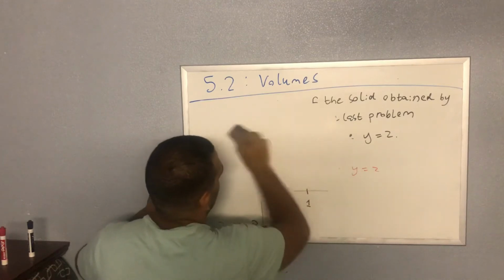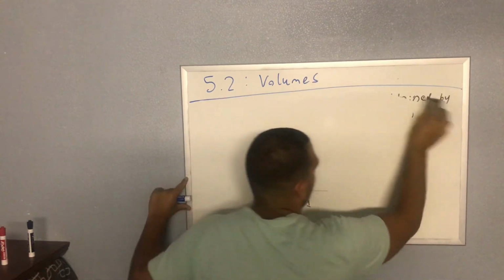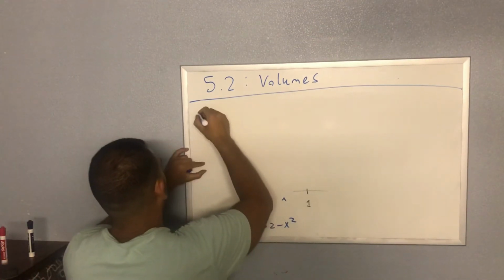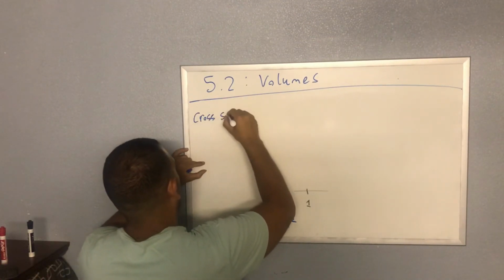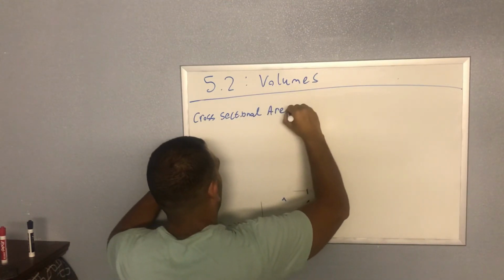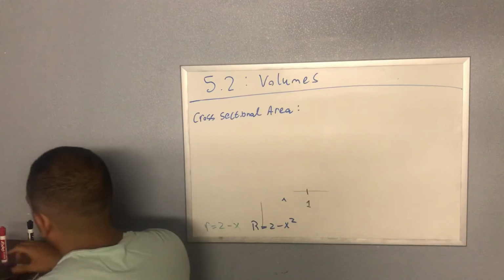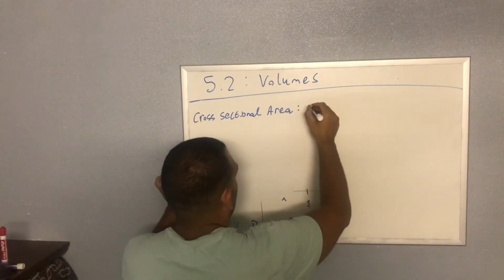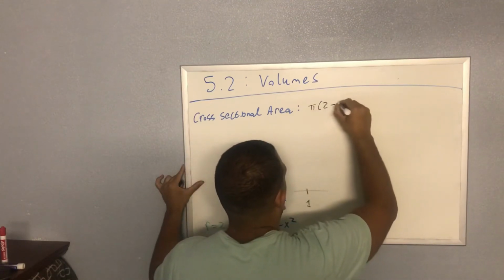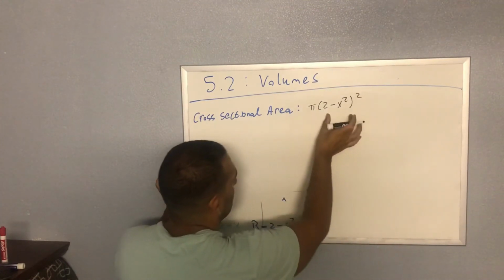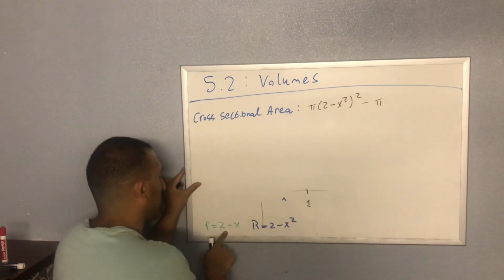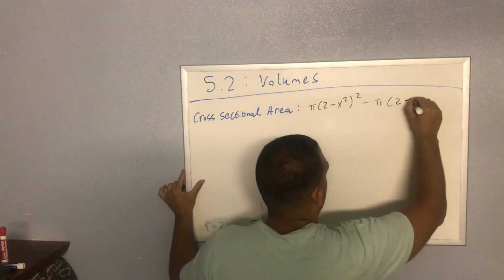We know the smaller and the larger radii, so the cross-sectional area is going to be given by the bigger area, pi times 2 minus x squared, so this is the radius, pi r squared, minus pi times the smaller radius, 2 minus x squared.